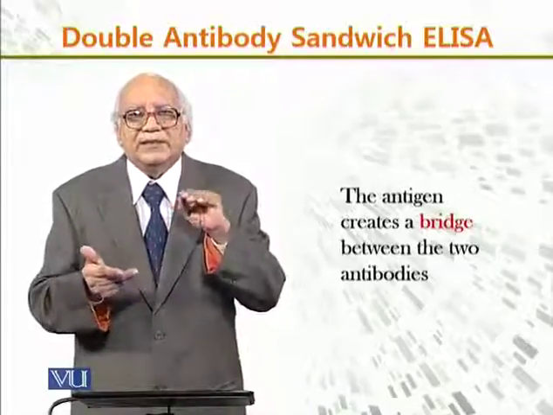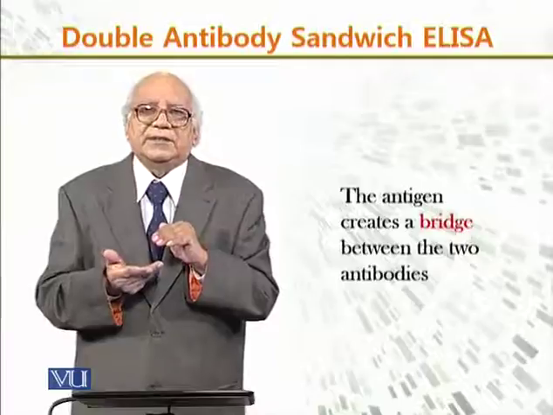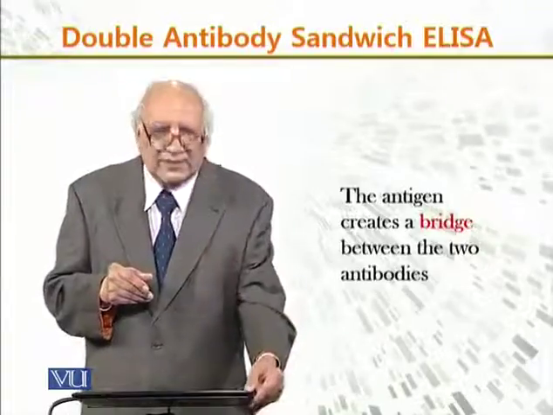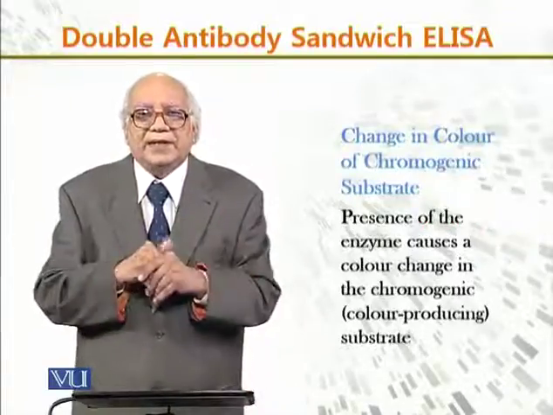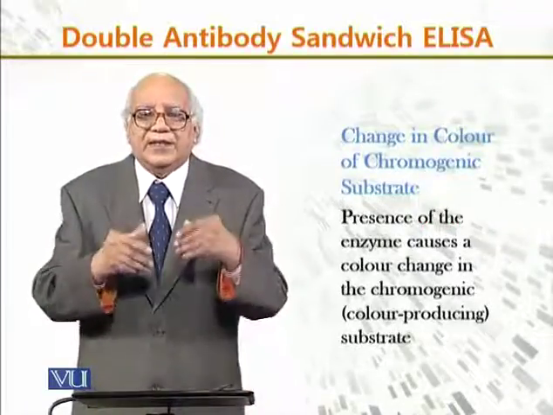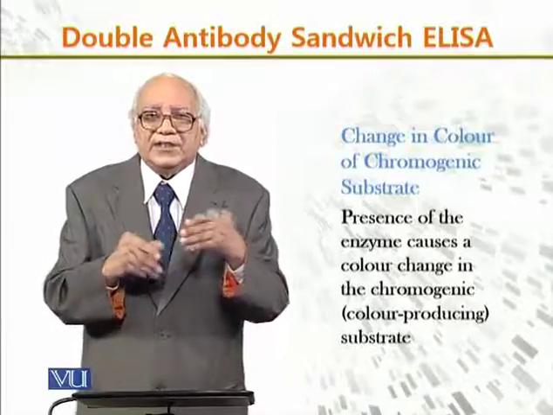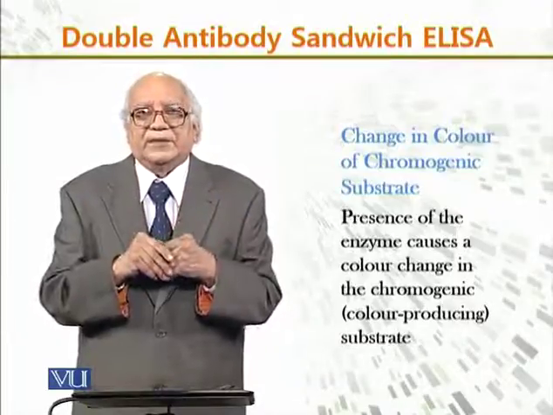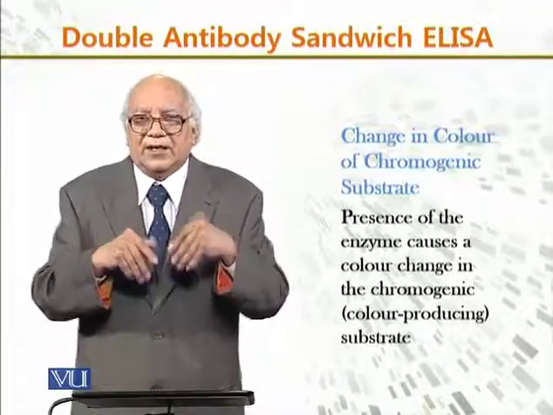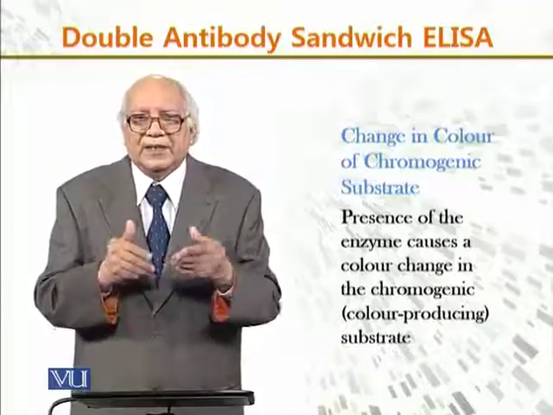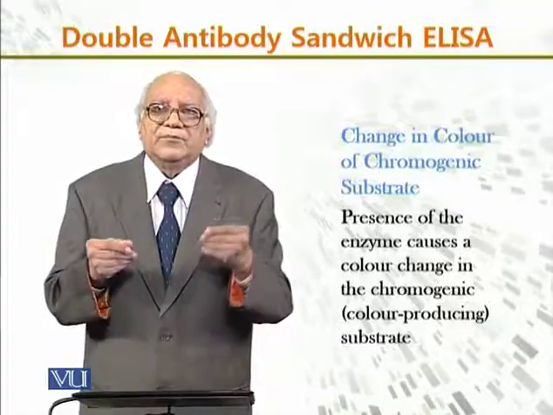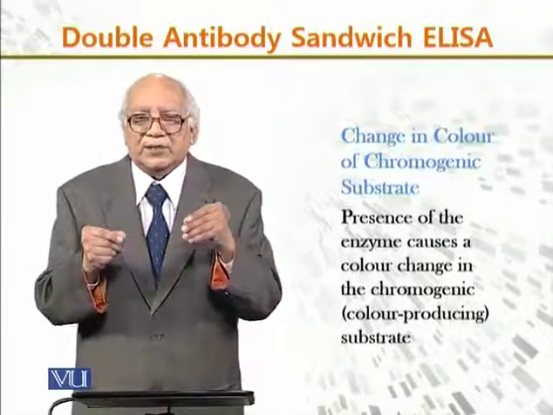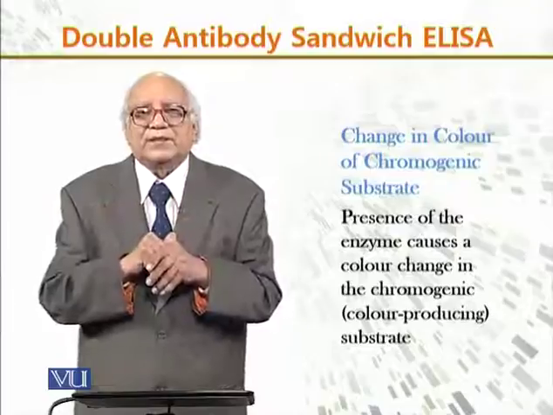There are two antibodies, and it is in between those two antibodies that the antigen is there. And then the presence of the enzyme causes a color change in the chromogenic, color-producing substance.